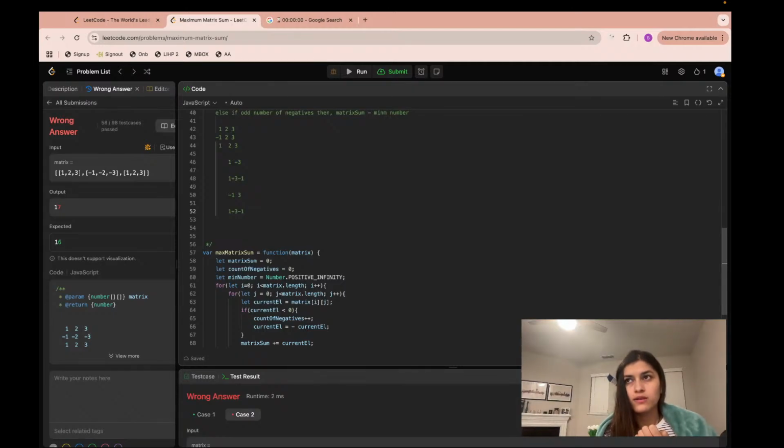So if I have the sum of all numbers, and I need to subtract one element there.